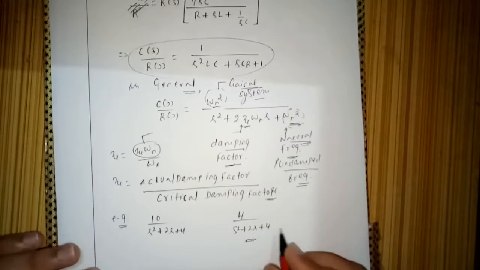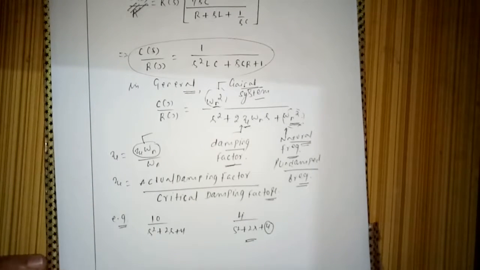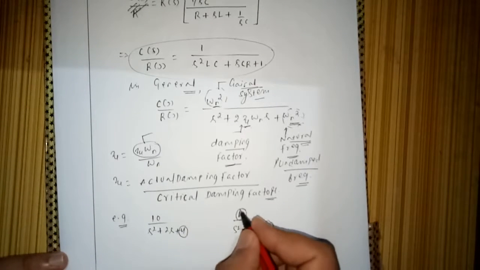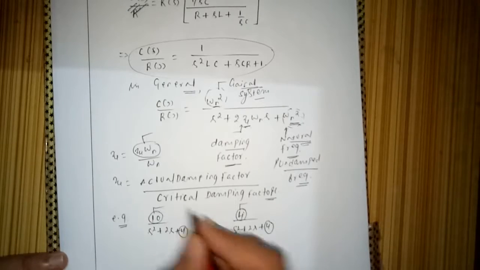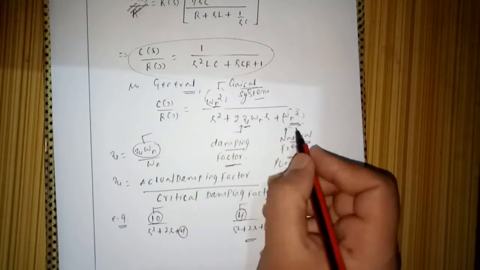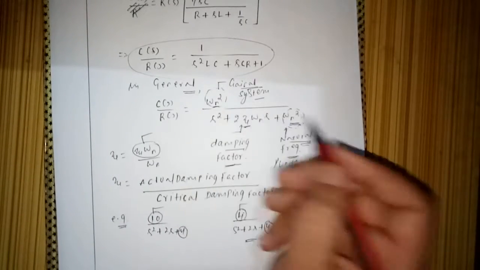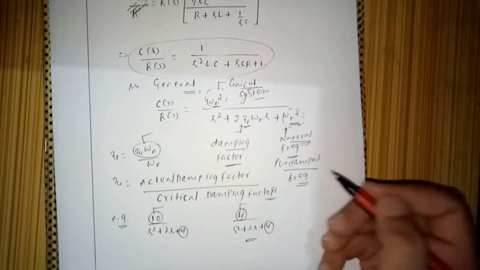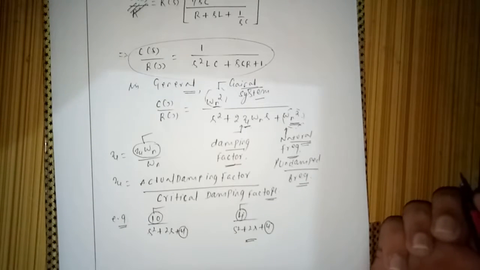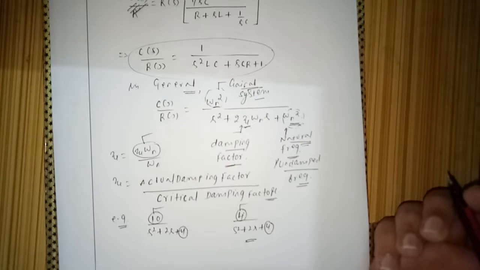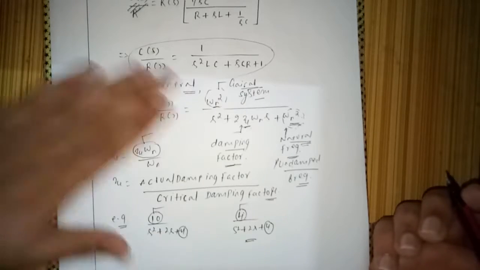Now see, this has natural frequency 2 radian per second, this also has 2 radian per second, but here is the difference in gain. So that's what I said, don't get confused between these two terms. This is gain of the system and this is natural frequency or undamped frequency, right? The only difference comes out in terms of gain of the system, right?